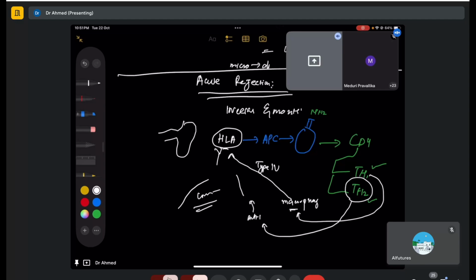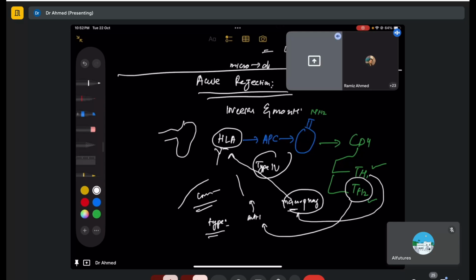Type 2. What you guys should remember, and what's high yield, is that you can only have one of them. Either you can have type 4 or you can have type 2 hypersensitivity in case of acute rejection.